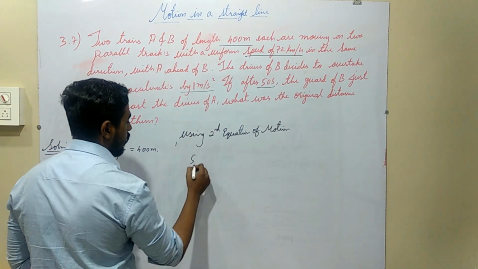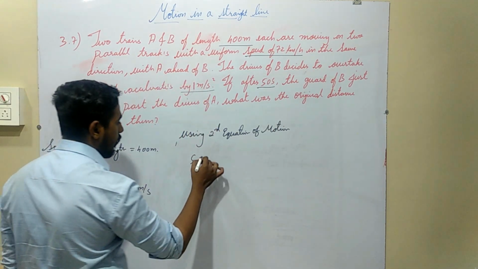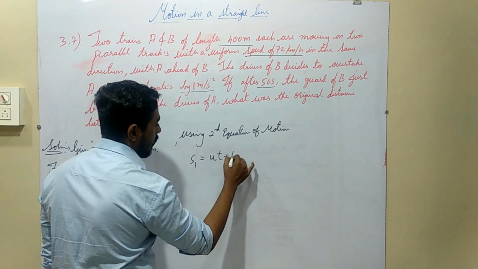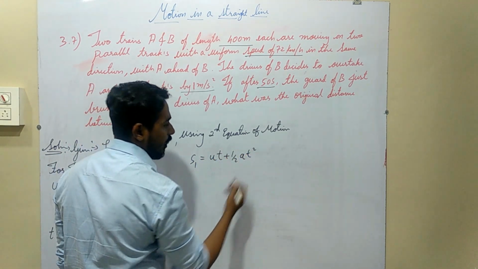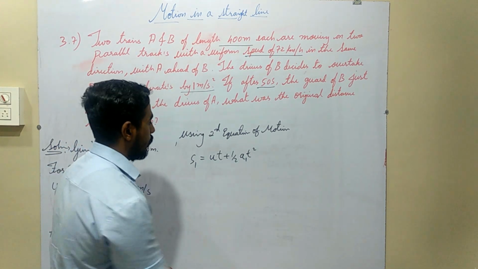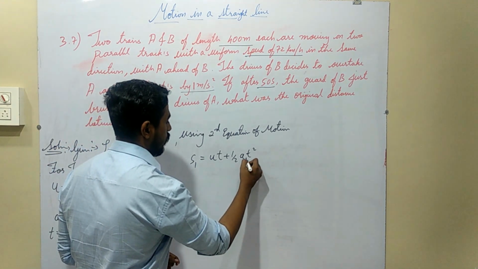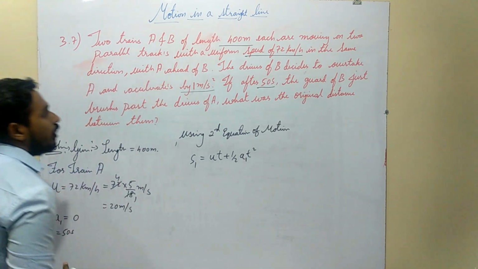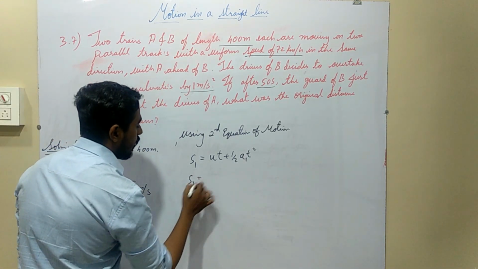Therefore for the first case I will take S1 is equal to ut plus half at square. Here acceleration I will take as 0. Now from this we are calculating S1.